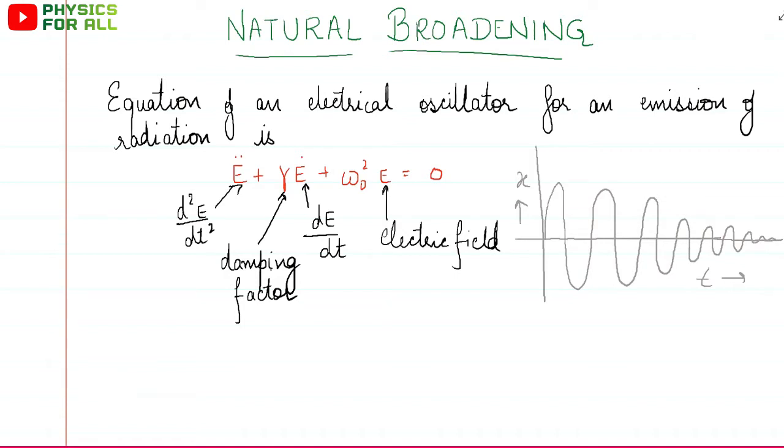Whenever there is emission of radiation, there is dissipation of energy as well. Dissipation losses are always there. Even if we talk of atoms on such a microscopic scale, some sort of dissipation is always there. Damping is simply what?